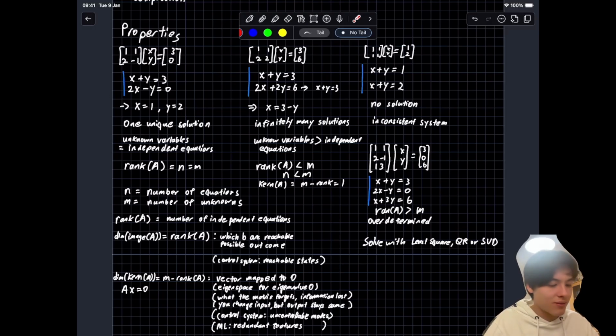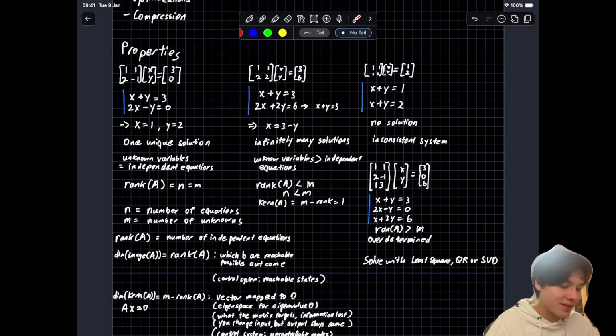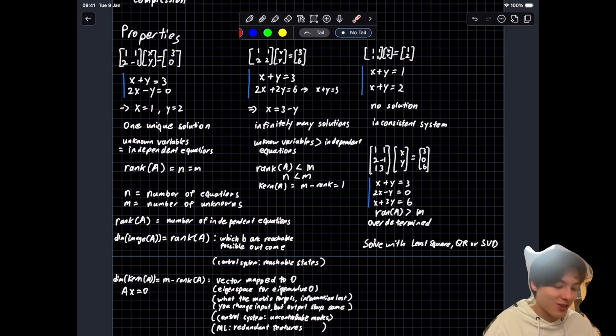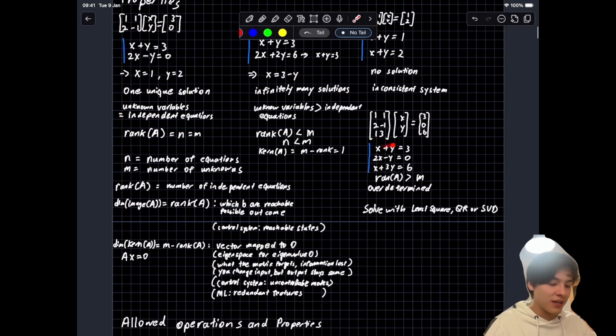Oh yeah, I'll take it back. So this is no solution. But here, for example, we have 2 unknowns, but we have 3 equations, so we're overdetermined. Maybe the error is a bit large here, but it's more similar.